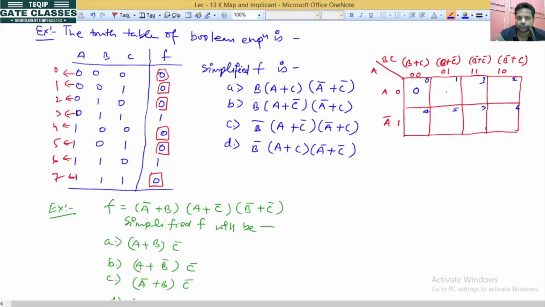So 0 is this one, 1 is this one, 2 is this one, so all are 0. Now 4 and 5 are 0, so this one and this one are 0, and then 7 is 0 too. Understood?